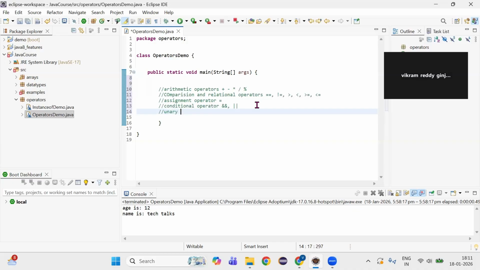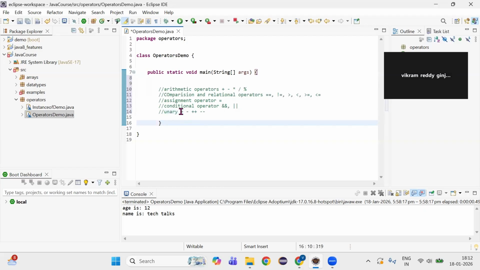Like we have positive value and negative, and we also have increment, if we want to increment the value by 1, and decrement, if we want to decrement the value by 1. Like this we have unary operators.